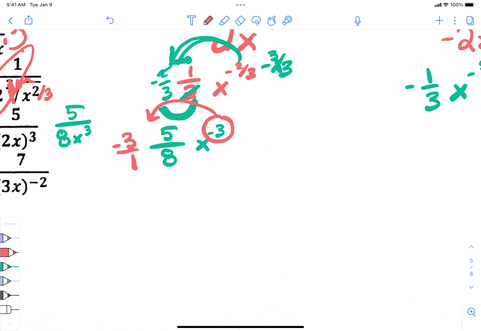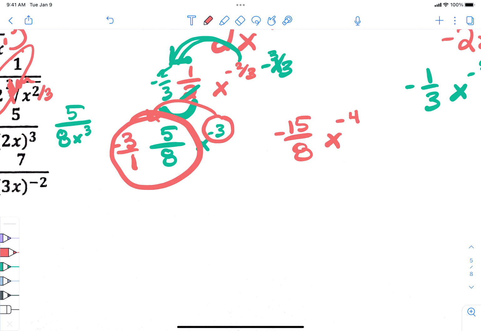That's what he is as a fraction. So this will be negative 15 over 8, x to the negative 4th power, right? Because he's negative. What happened to the 5 over 8? Because we multiply it by 3.